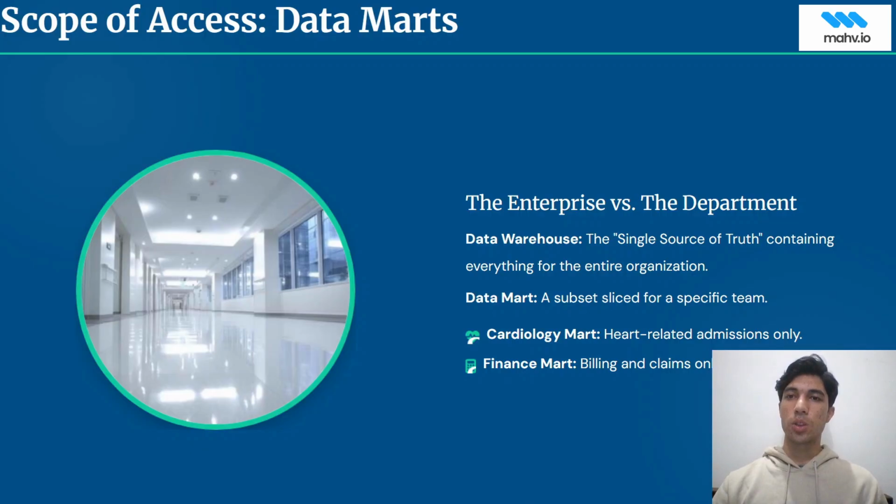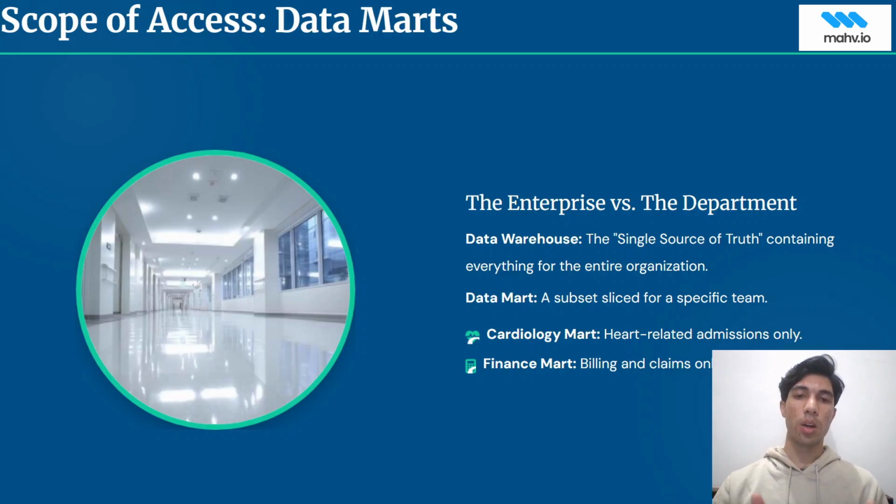Then we have the scope of access: data marts. Basically, we know that data warehouses are a single source of truth for the whole organization. So they contain everything in one single system for the entire organization.